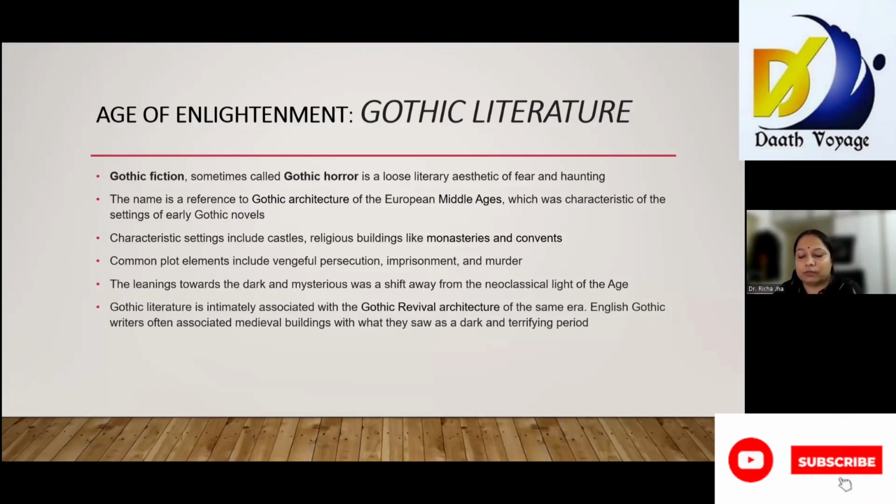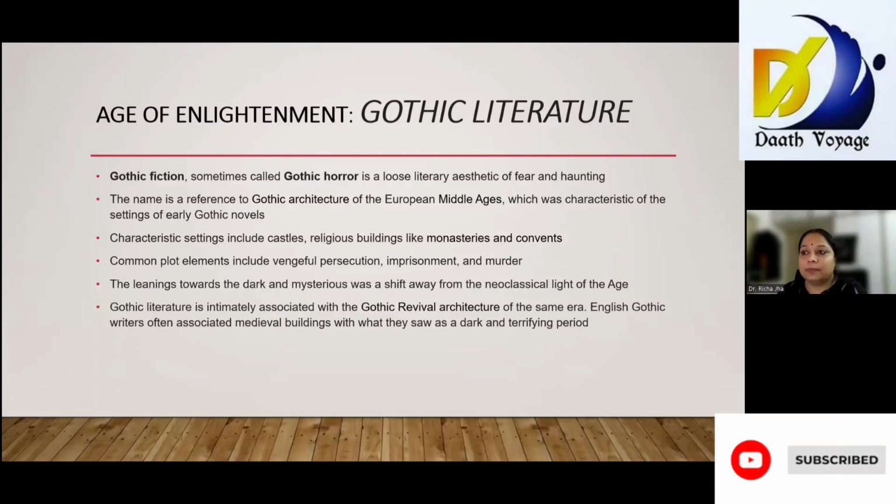Later, modern novelists like Bram Stoker in his Dracula, Richard Marsh's Beetle, or Robert Louis Stevenson's The Strange Case of Dr. Jekyll and Mr. Hyde. All of these have a very Gothic fixation and temperament in their writing.